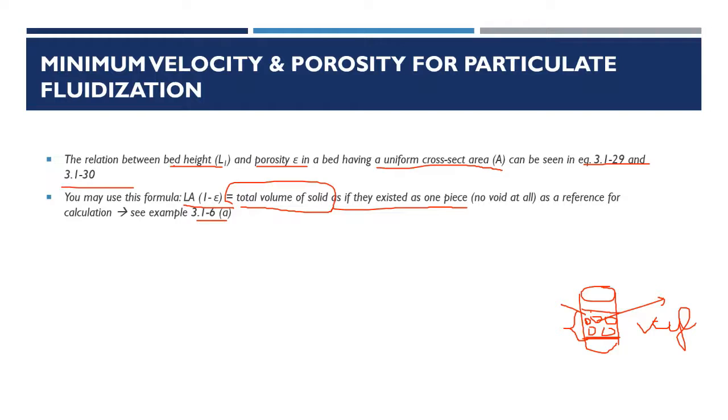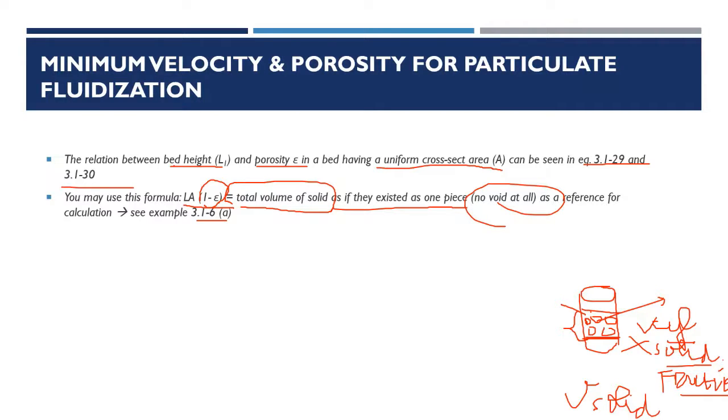Since we multiply it with 1 minus epsilon, the solid fraction, we of course get the volume of solid without any void.